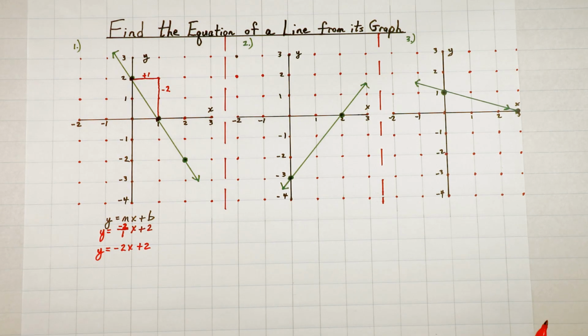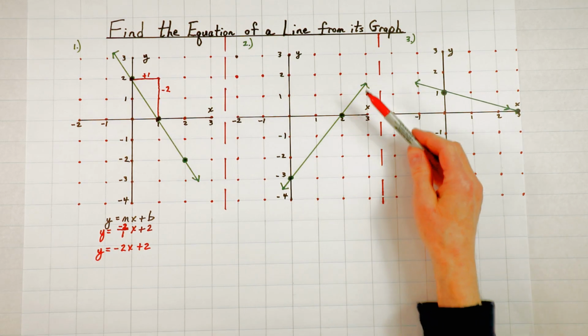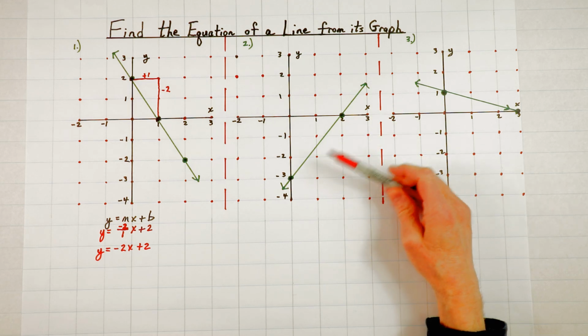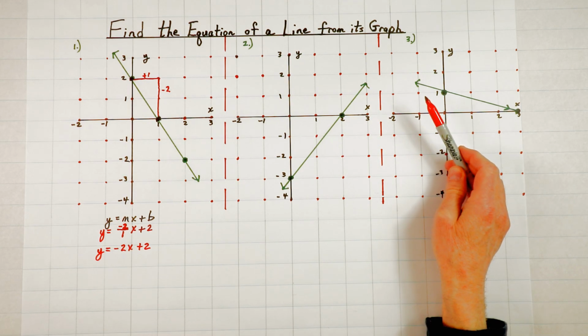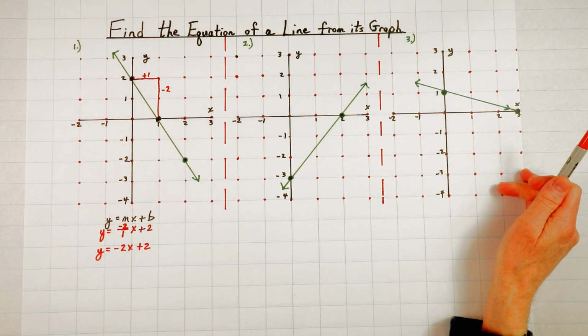Okay, number 2. Our second graph is here, and I had to squeeze these graphs together. I only have so much space. This is actually quite a wide piece of paper, but on the video it might look smaller.